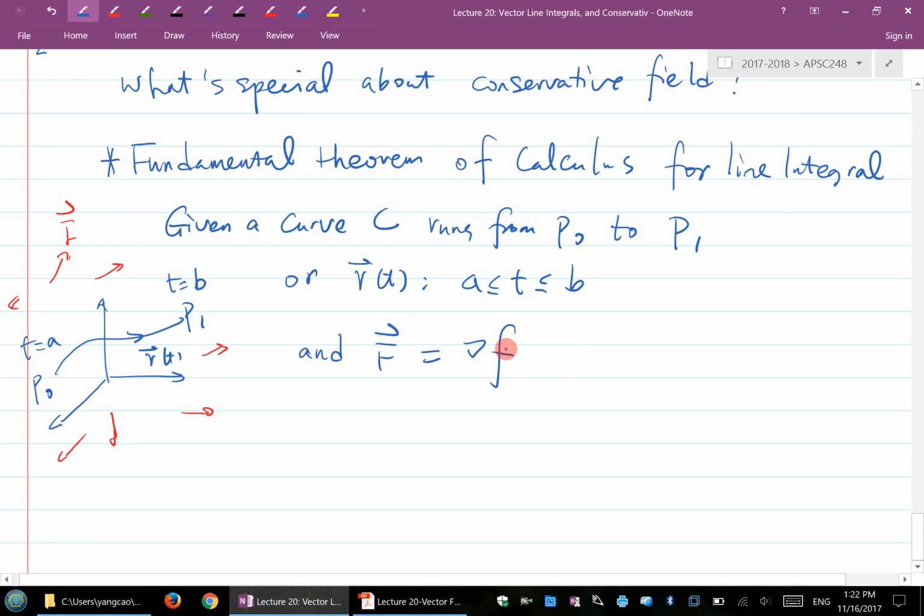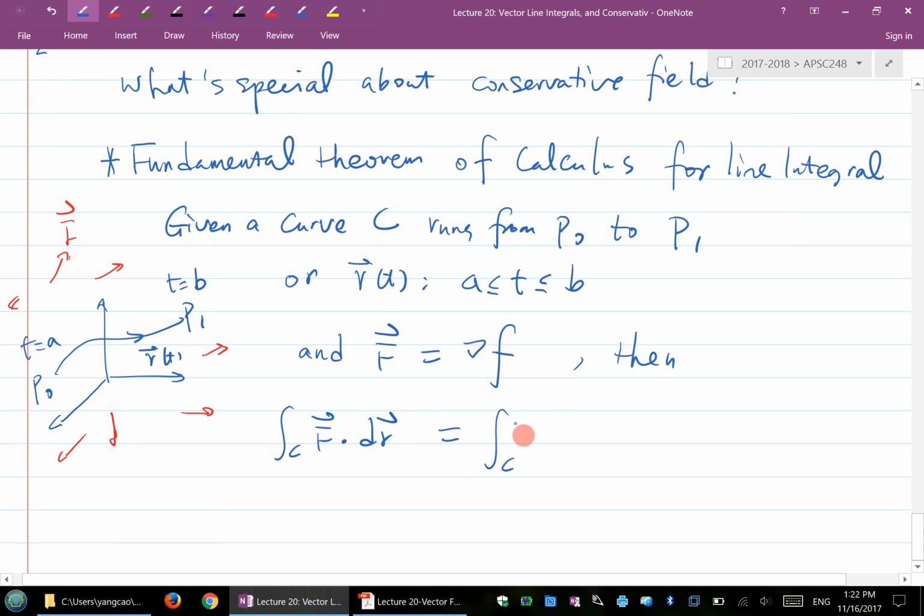It's the gradient field, or a conservative field. Then if you're asked to evaluate this line integral inside this conservative field from P naught to P1, or along this C here.